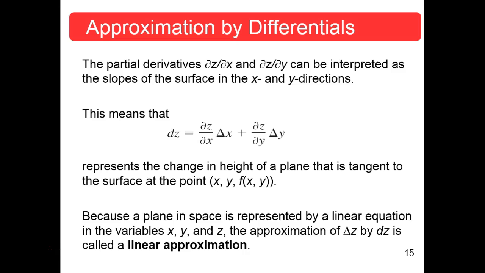The approximation of delta z by dz is called a linear approximation. Now, we did this back in single variable calculus. We talked about these as well. Now we're two-dimensional. So it's not just a line, it's a plane. Linear in both x and y dimensions.